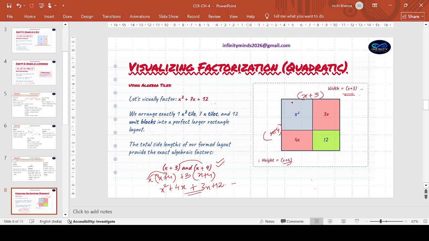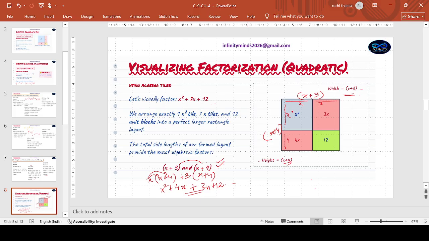If it's a rectangular tile of sides x plus 3 and x plus 4, how are they describing it? You put a square tile of side x. If this is x and this is 3 units, they are calling. This is also x, but this is 4 units. So what about this?